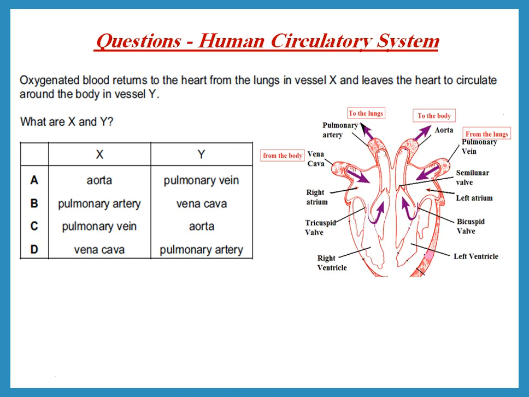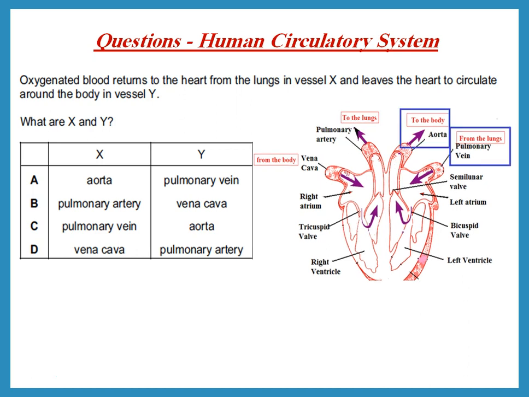If you remember, he's saying oxygenated blood returns to the heart from the lungs in vessel X. So what is X? Can you see where X is? From the lungs, it enters into the pulmonary vein. So X must be pulmonary vein. It leaves the heart to circulate around the body in vessel Y. Where is vessel Y? That is the aorta.